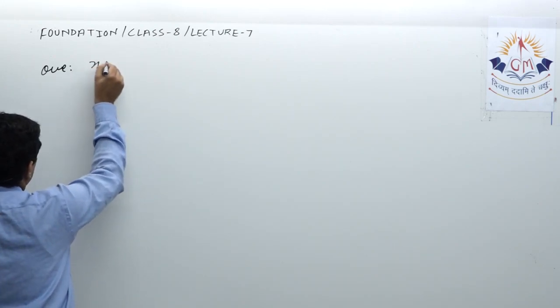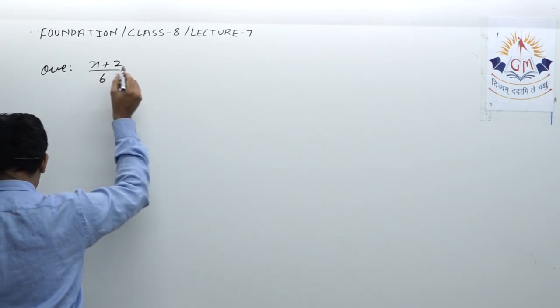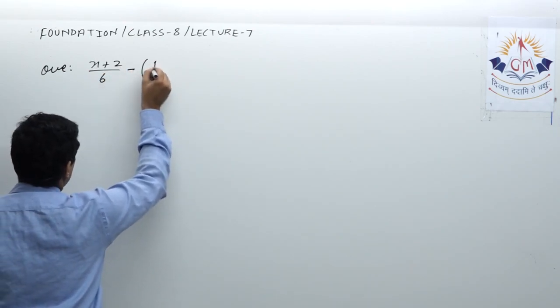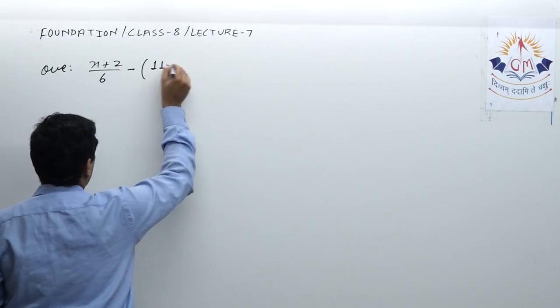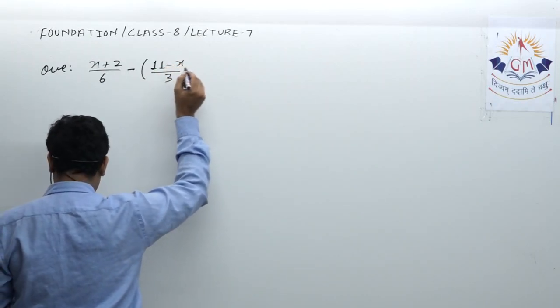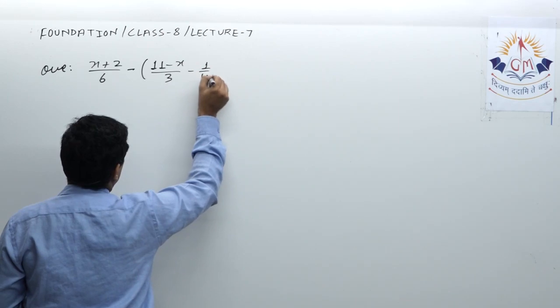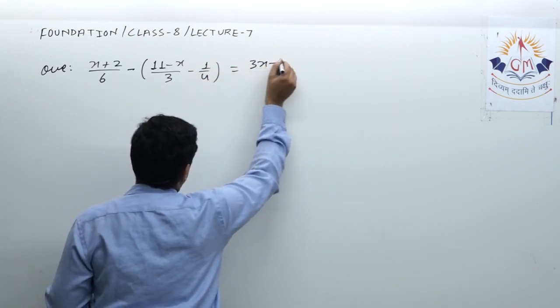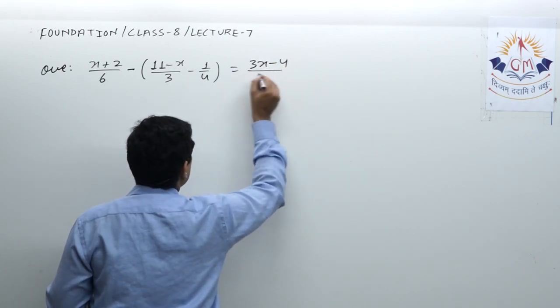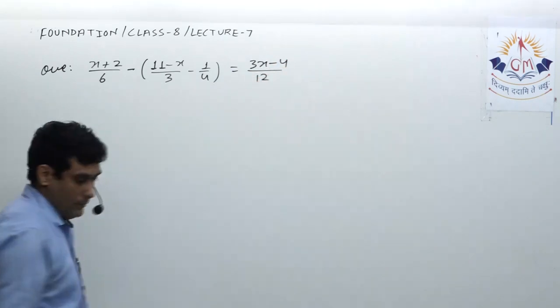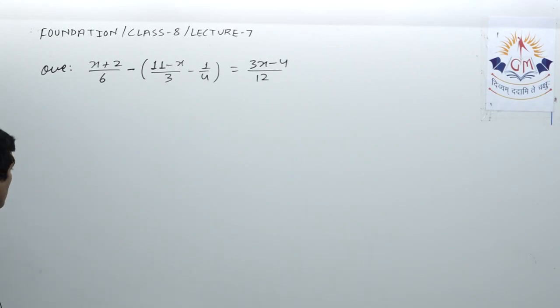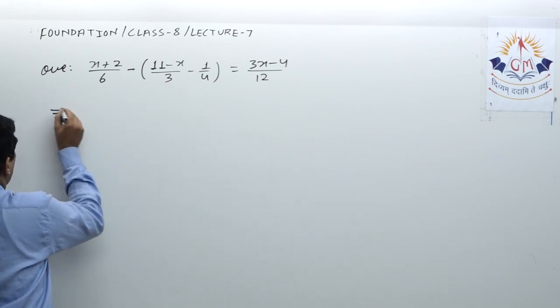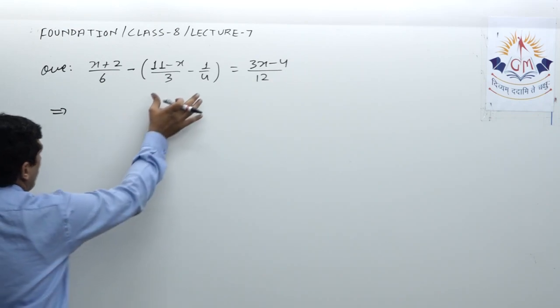x plus 2 upon 6 minus 11 minus x upon 3 minus 1 by 4 is equal to 3x minus 4 upon 12. Okay, again we'll start with the first, we'll solve this bracket.